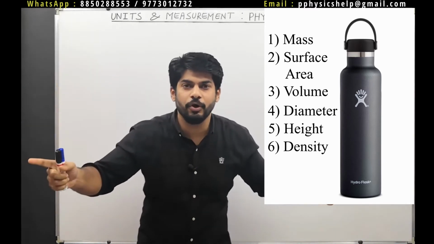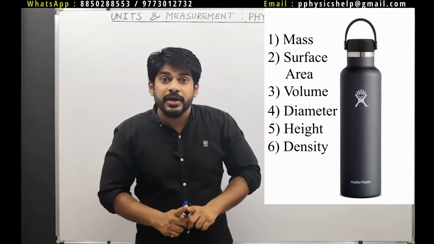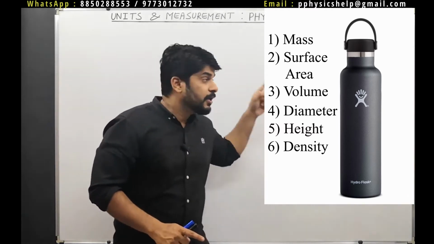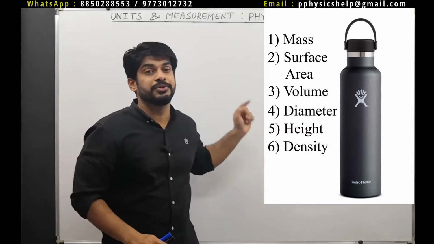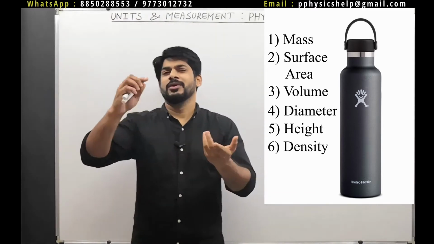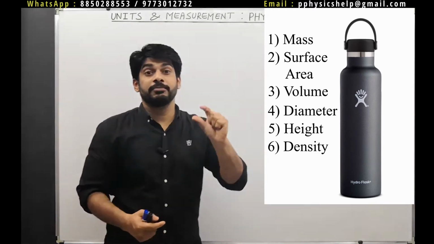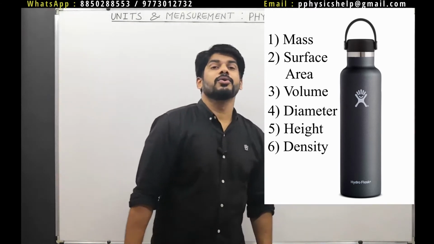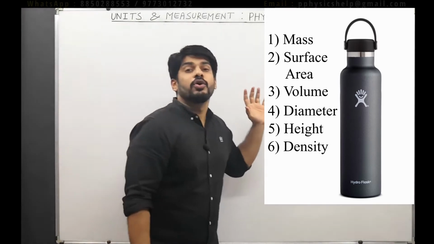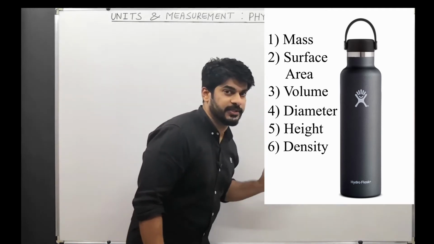For each and every object, when we are trying to describe it, we need to talk about lots of properties, like the ones I just listed: the mass, the volume, the surface area, the density, the diameter, the height, etc. All these things are required for the complete description of this object.